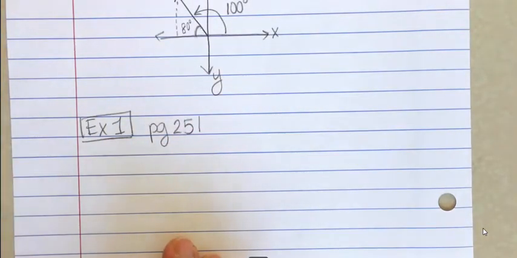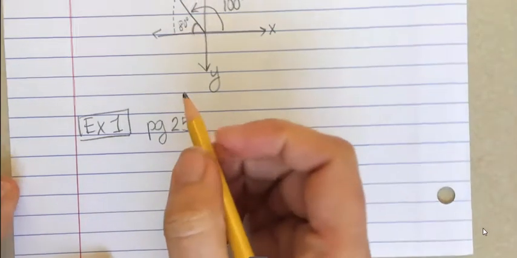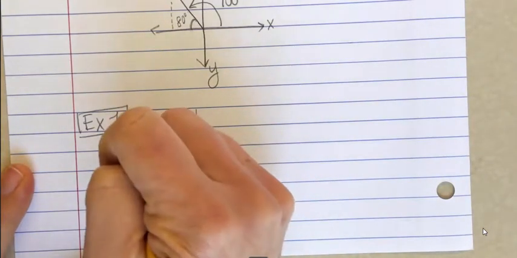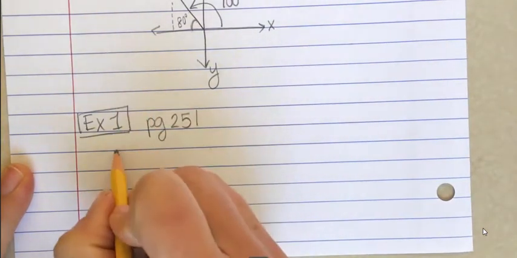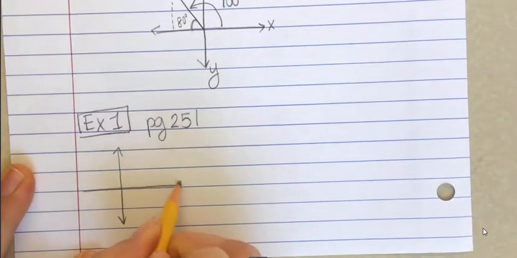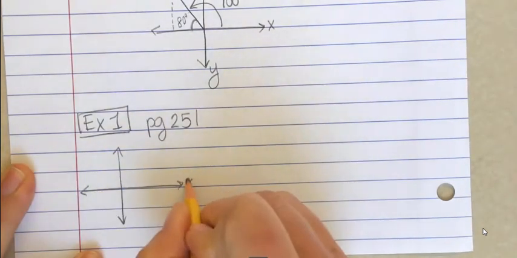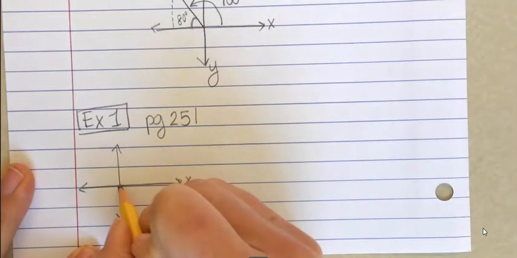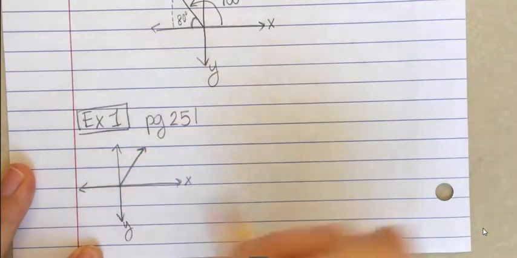We're basically going to sketch 4 different angles in standard position and calculate the measure of each reference angle. Okay, so the first one is going to be a 71-degree angle. So 71, these don't have to be perfect, okay? But it's going to be approximately here.